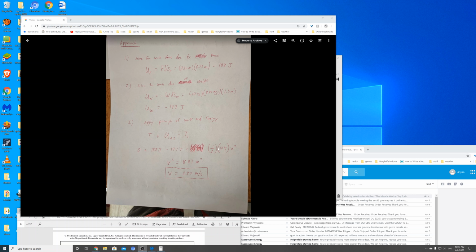All right. So all we have to do is substitute in for the final kinetic energy, the initial kinetic energy, the work due to the force, and subtract out the work of the weight. And when we solve for that, we come up with a velocity of 2.84 meters per second. And that's pretty much it for this problem.